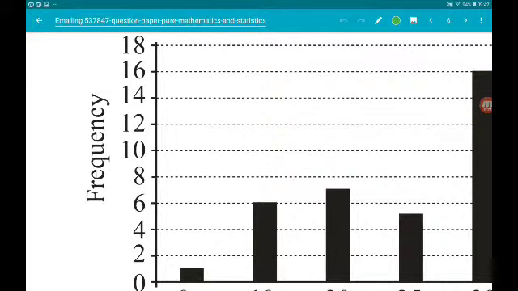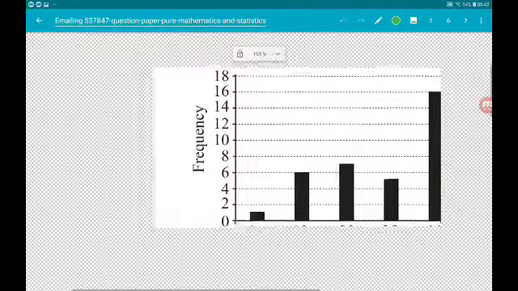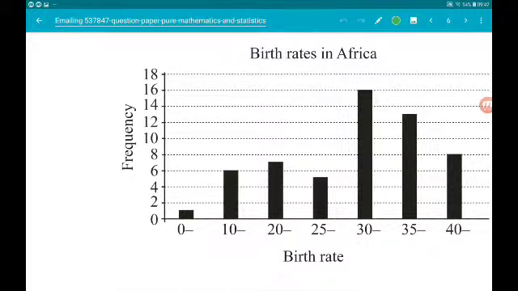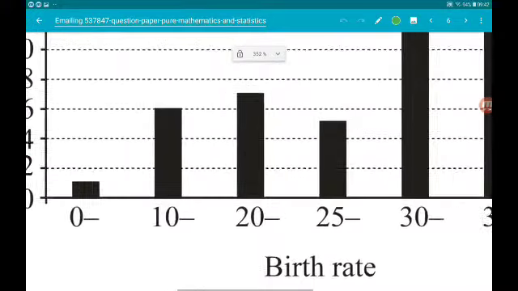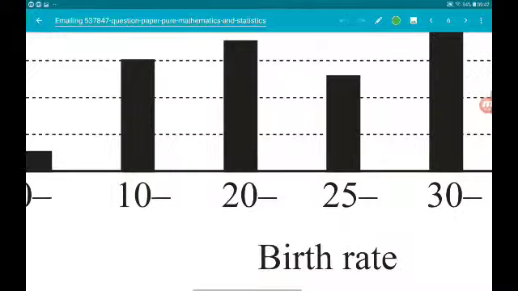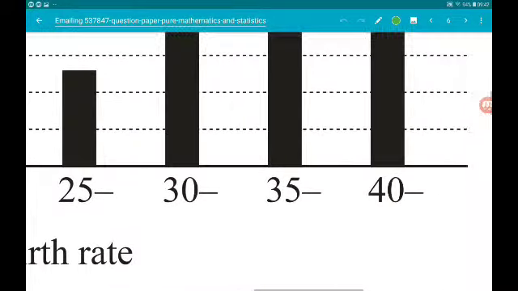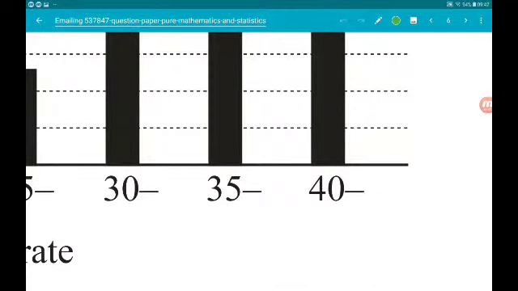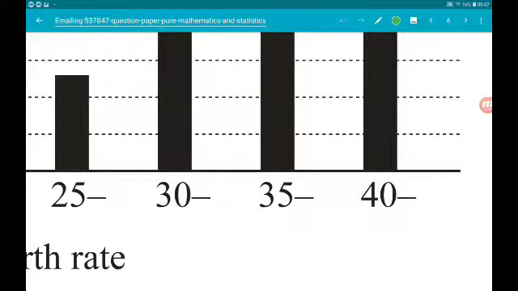Now, if we're drawing a histogram, the bars should be next to each other with no gaps, so they should be touching. We should have a continuous scale going along the x-axis, not these intervals. The intervals should also have upper bounds.